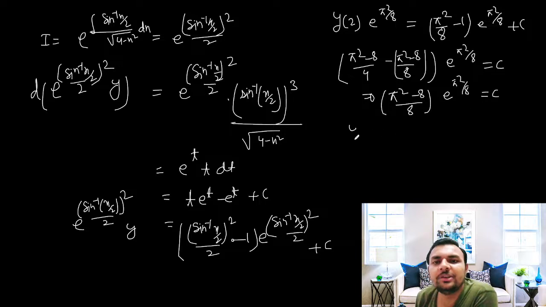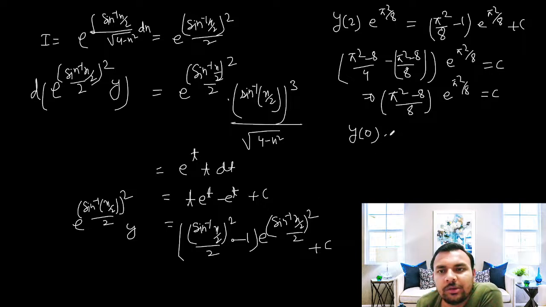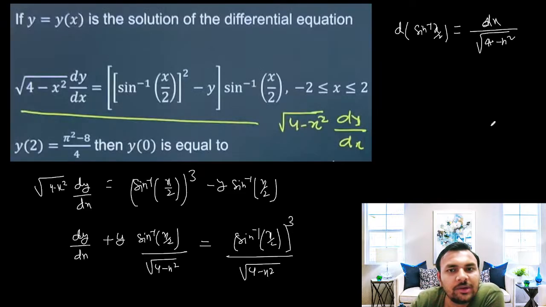Now y0 will become 0, this 0, this is minus 1, this 1. So we will be having simply pi square minus 8 by 8 e to the power pi square by 8 minus 1. That will be the answer.